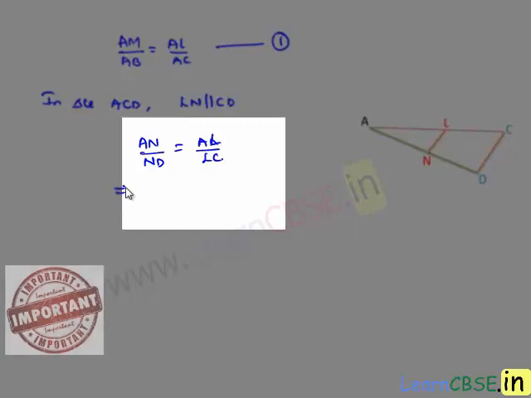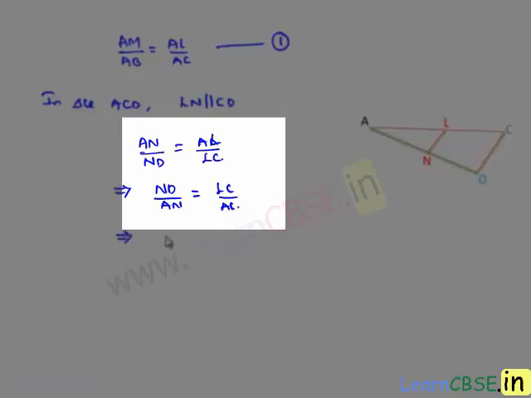Which implies, let us invert the ratio, then it becomes ND by AN is equal to LC by AL, which implies, let us add 1 on both sides so that we get the proportion in terms of AD.